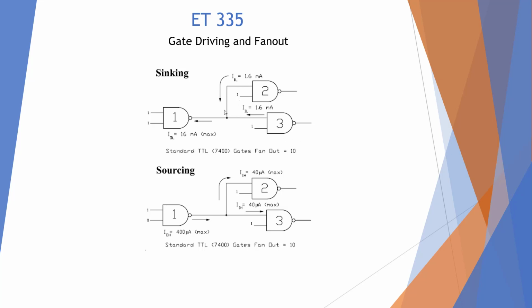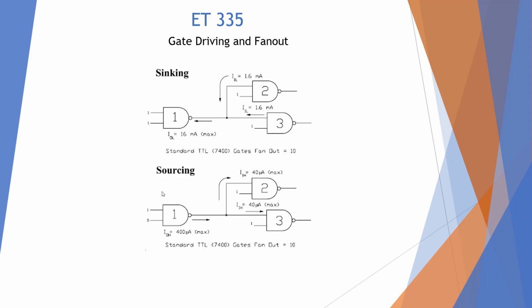So if we do some math here, we get 10 gates. So a standard gate will drive 10 gates in that condition. Okay, so fan out is the number of gates it will drive, so our fan out is 10.